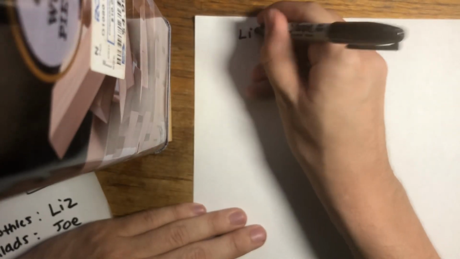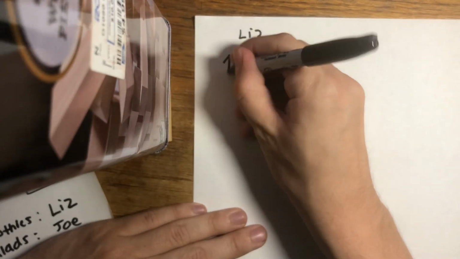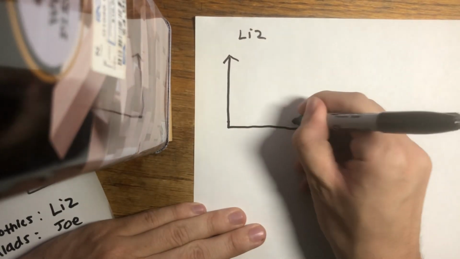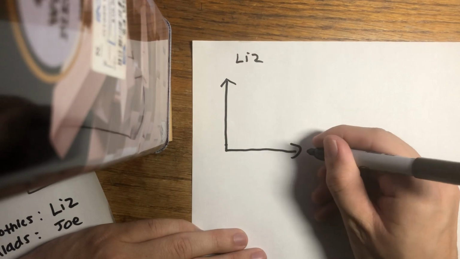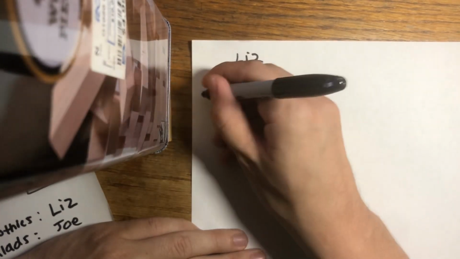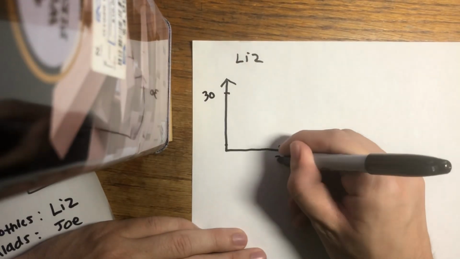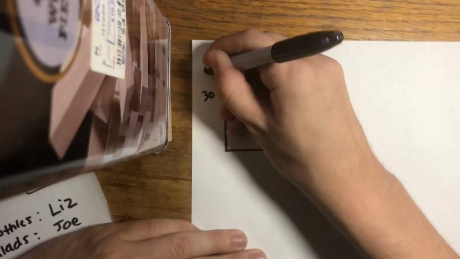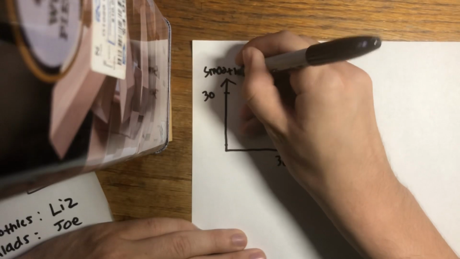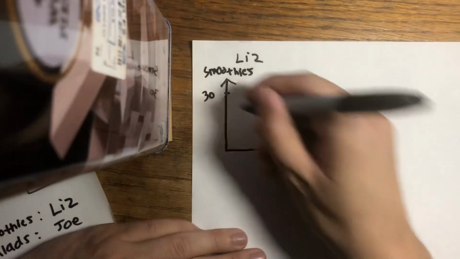So let's work with Liz's first. Liz can make, let's see, this is 30, 30, and this is salad, and then maybe smoothie. So there are 2 goods.